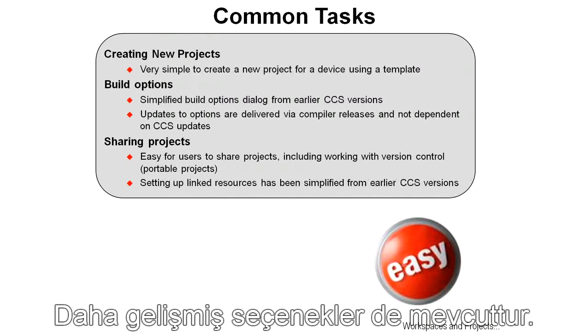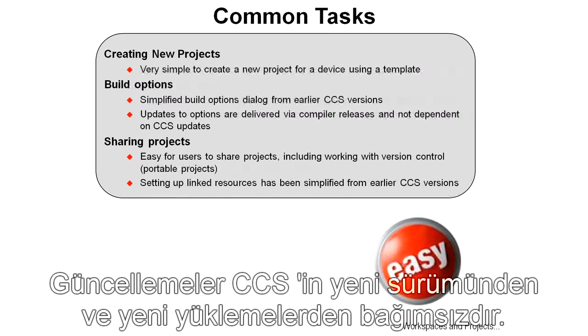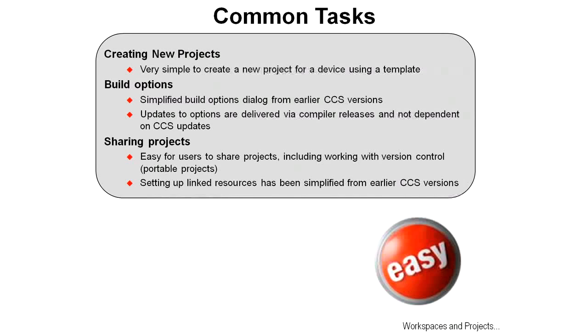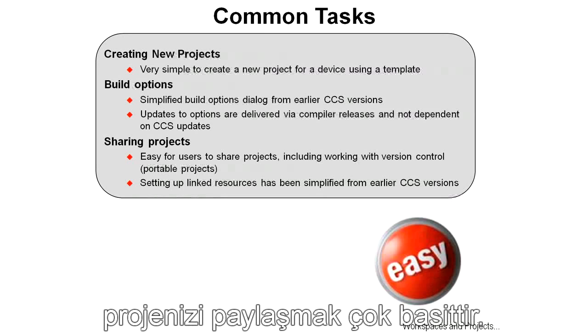Those options are still available, but they're in submenus, which makes this much easier to walk through the first time. Updates to those options are delivered with compiler releases, and they're not dependent on installing an entirely new version of Code Composer. If you want to share projects, it's easier for users to share projects, including working with version control and making sure that you have a portable project.